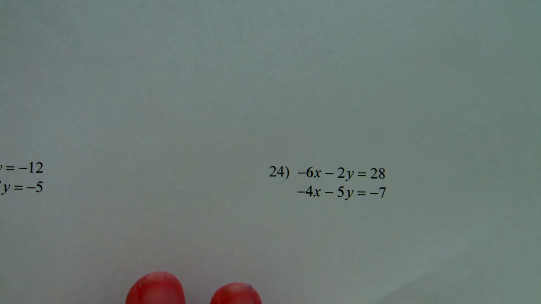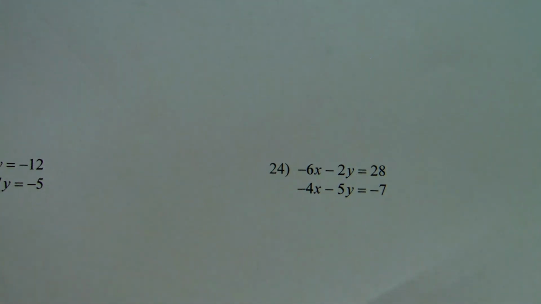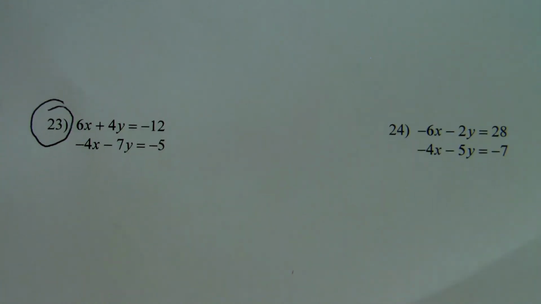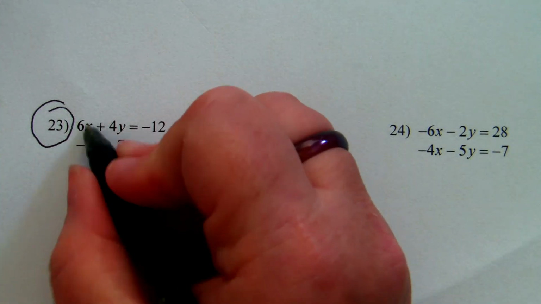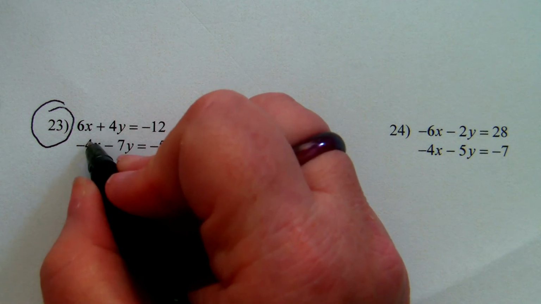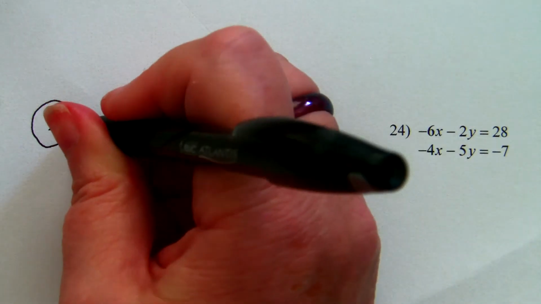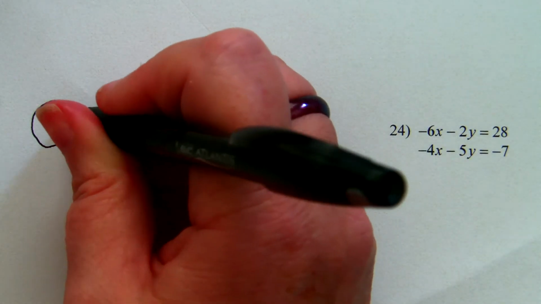And then the last one we're going to do is number 23, where you have to multiply both equations in order to get coefficients that cancel out. So I'm going to eliminate the x's. 6 and 4 have 12 in common.